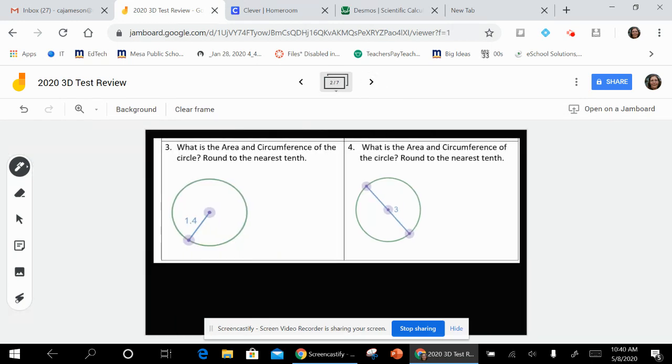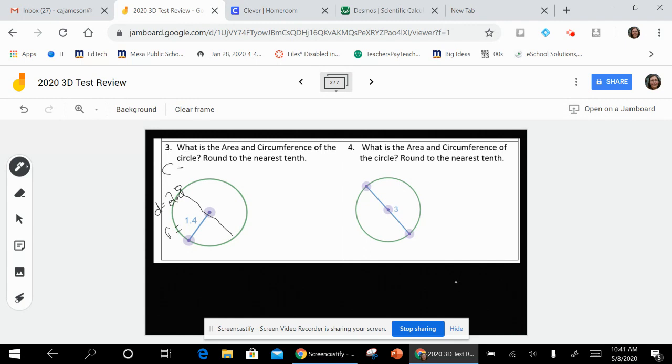Okay, y'all got this. Area and circumference. I'm going to go a little bit faster for this one. This one is my radius, so that means my diameter goes across like this. My diameter, I'm going to double it, so my diameter is going to be 2 8/10. Remember we double it.